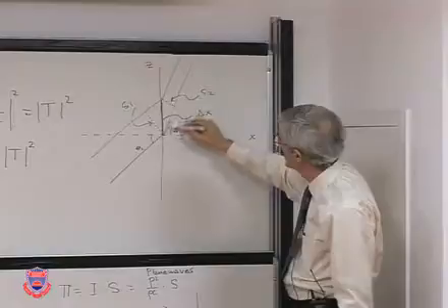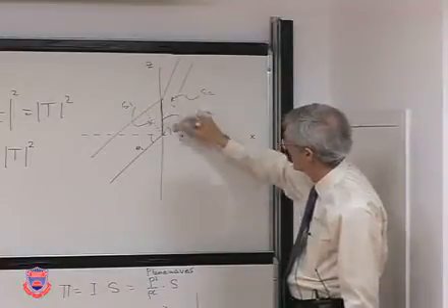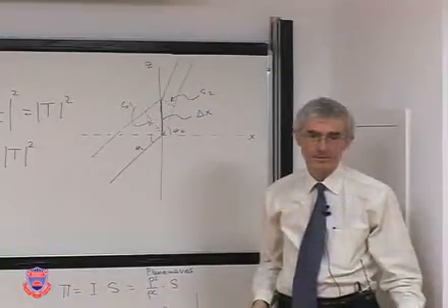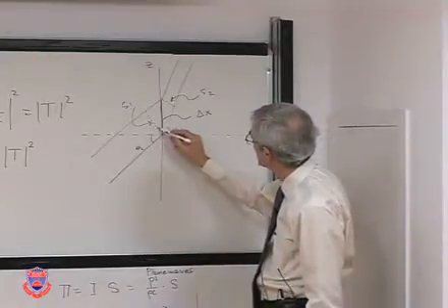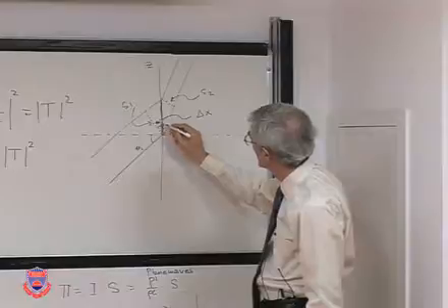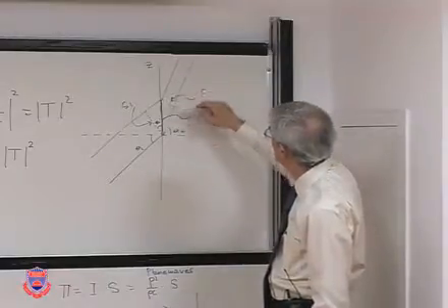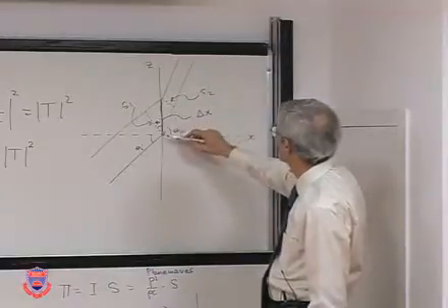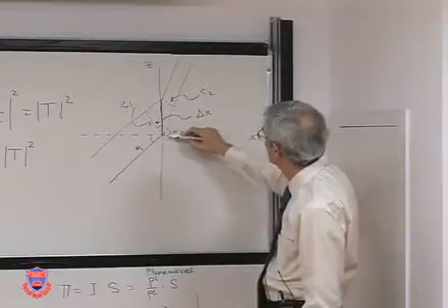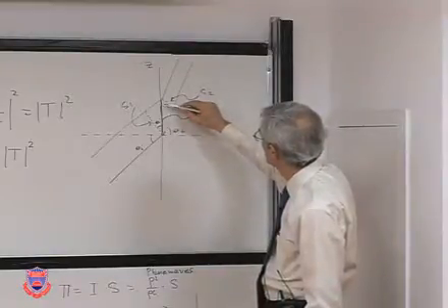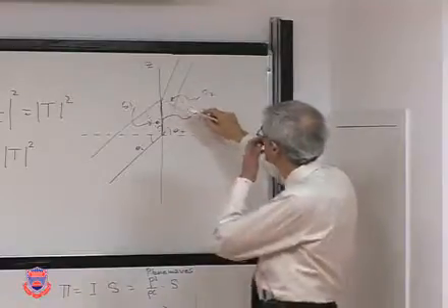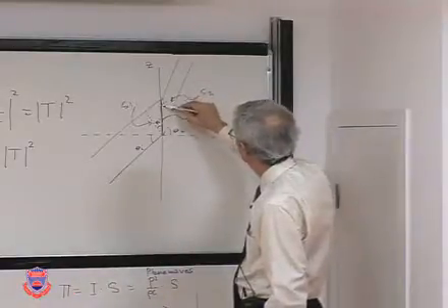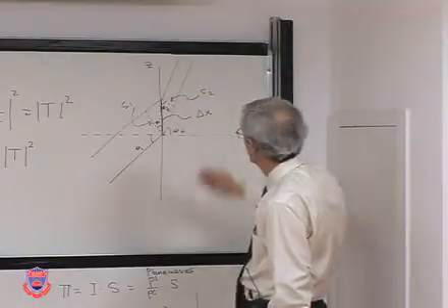Now, in between these two triangles, the hypotenuse is common. And let's see, this is the angle here, and this is the transmitted angle.